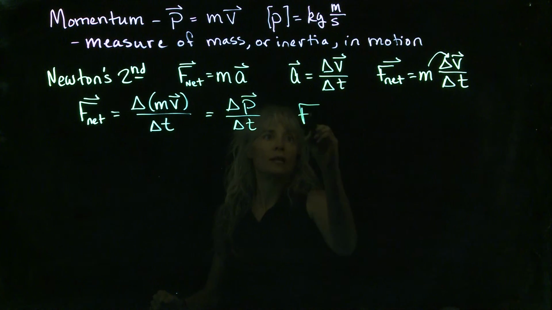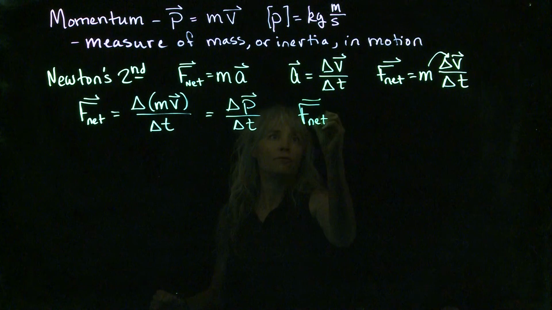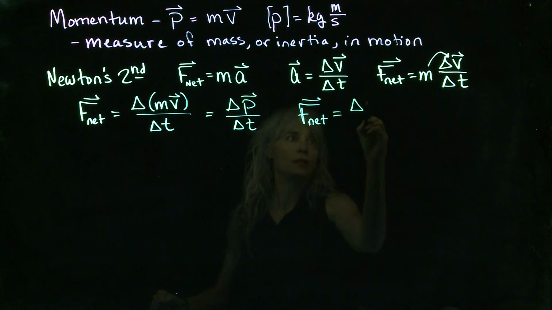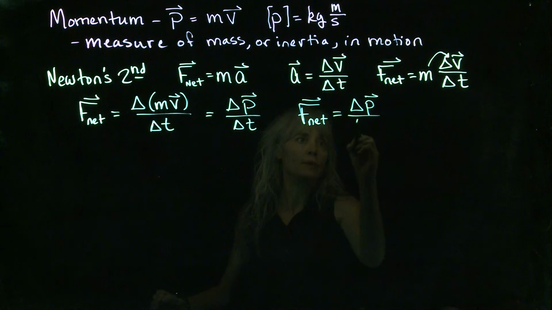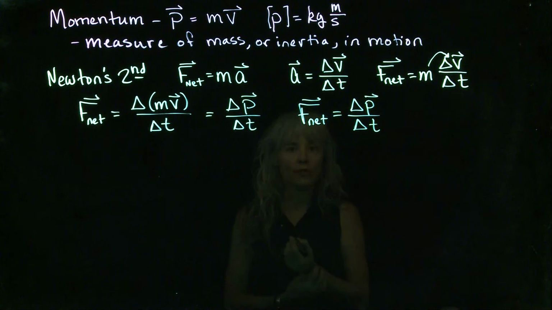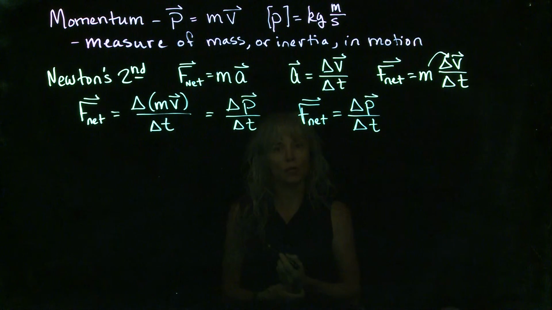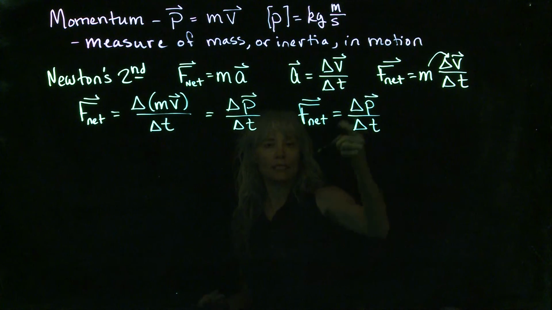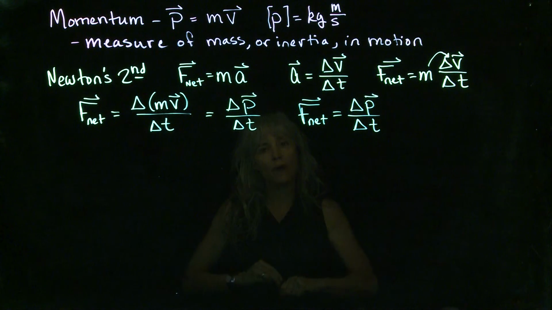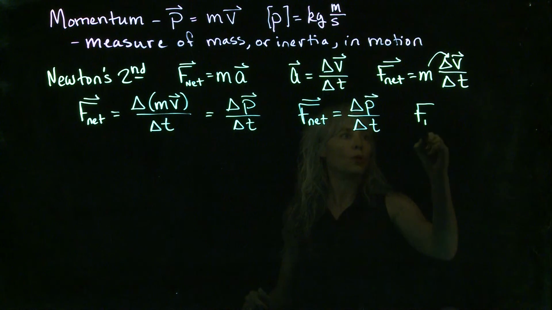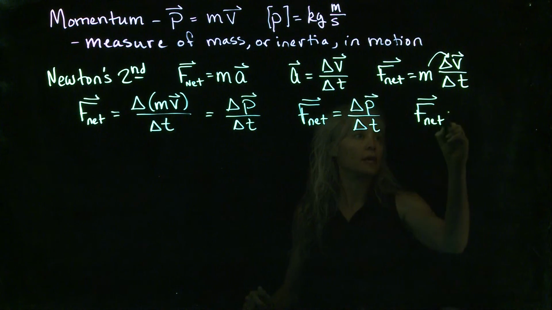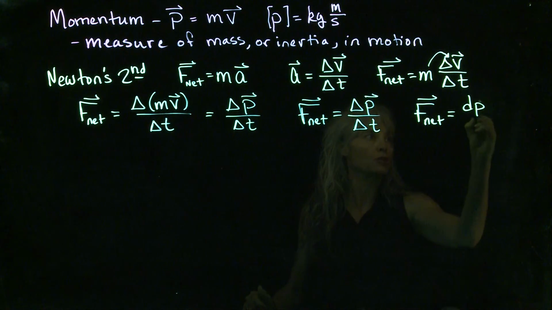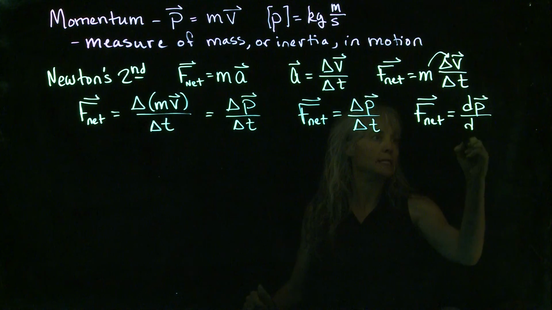And so Newton's second law can be written as the net force is equal to the change in the momentum divided by the change in time. Now this is actually the way Newton defined his second law, and more correctly, remember we're using delta symbols, but if you've had calculus, then the correct form and how Newton actually wrote down his second law is using differentials, dp dt.